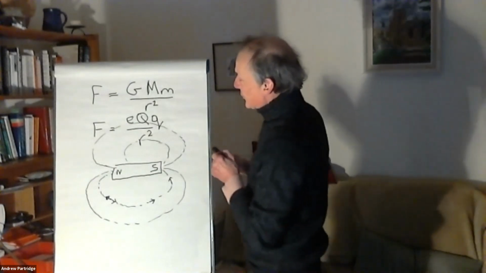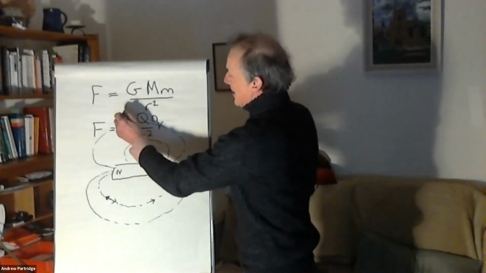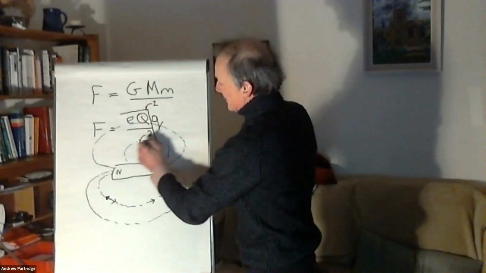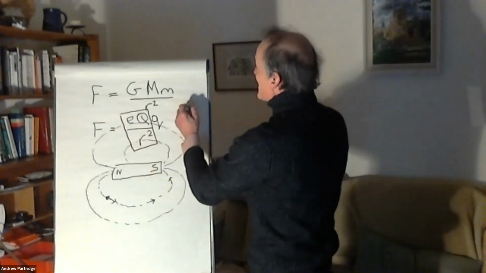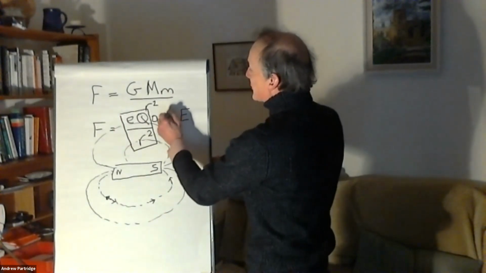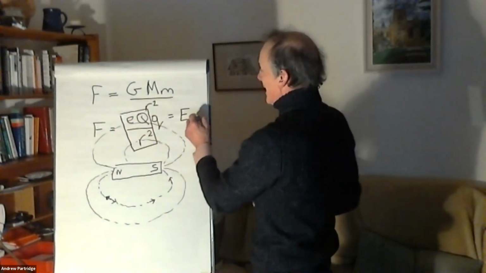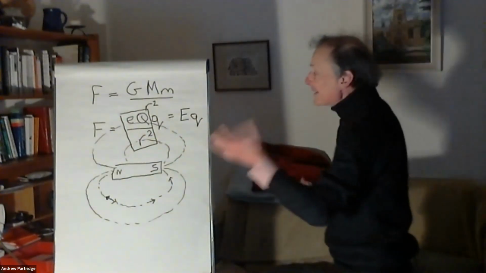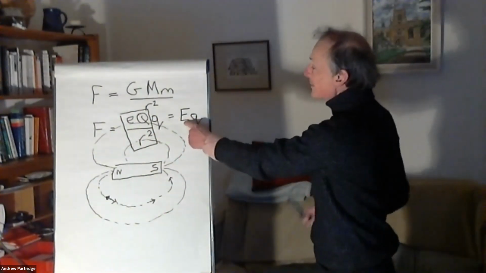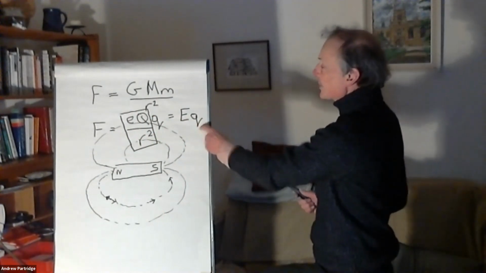What you can say is that this represents an electric field, E, which is set up by the big Q, and the little q would experience a force anywhere in space equal to the strength of the field times its charge.